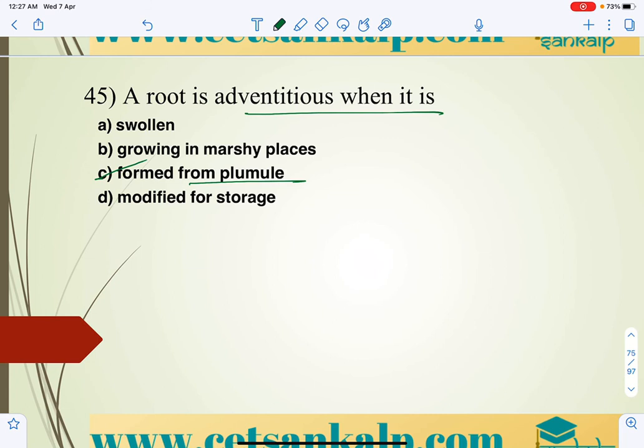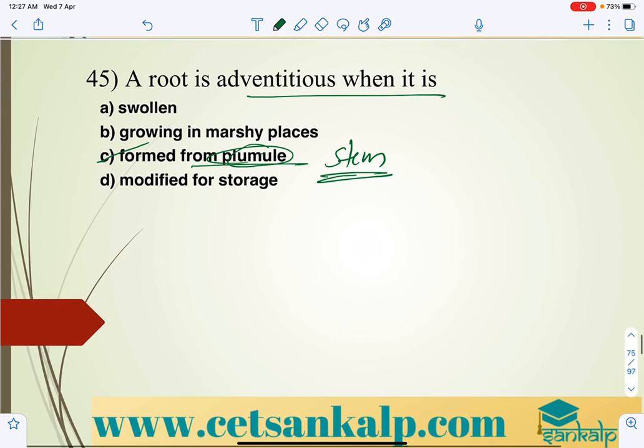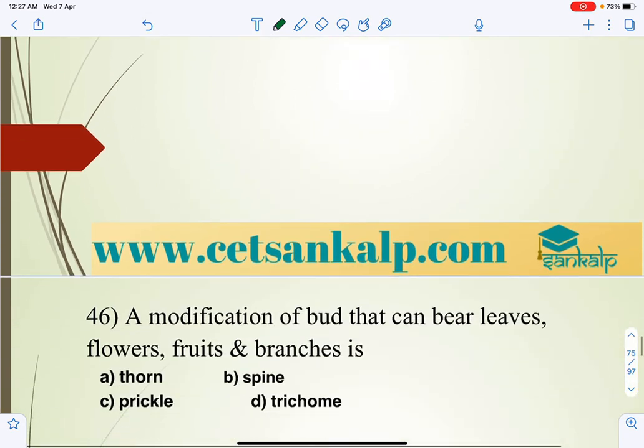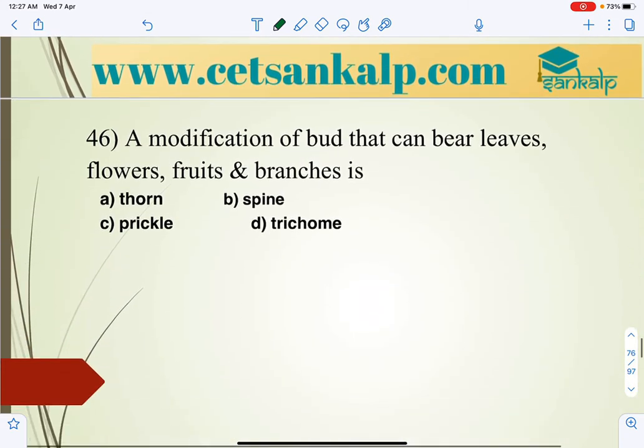It absorbs water and minerals, but in this condition the root grows in an unusual location, for example from a stem. So you have to keep that in mind. The answer is C.